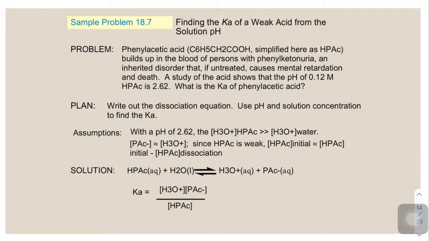When we write the phenylacetic acid dissociation, simplified as HPAC, it is HPAC plus H2O produce H3O+ and PAC minus. To calculate the Ka, we have to have the concentrations of H3O+, PAC minus, and HPAC at equilibrium.